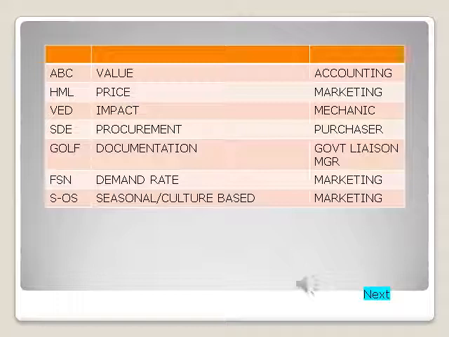And FSN is based on the demand rate, how quickly an item is used up. This is basically a function of the marketing manager. He is the one who can predict in advance how changes in the demand rate will happen. And lastly, we have the seasonal or culture-based items, SOS, which has to be done also together with the marketing person.